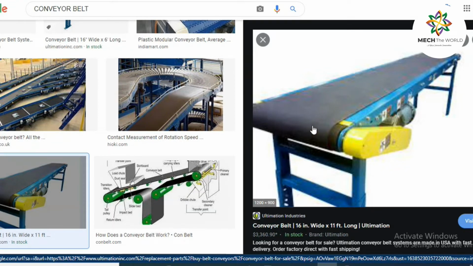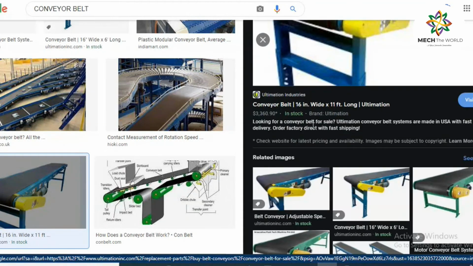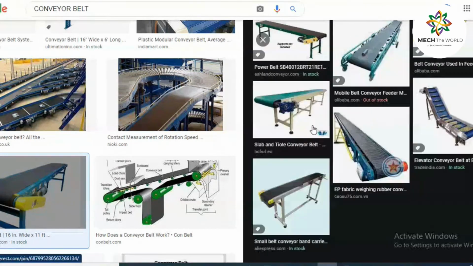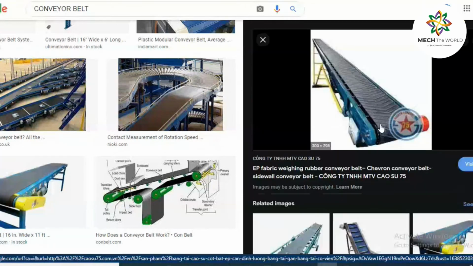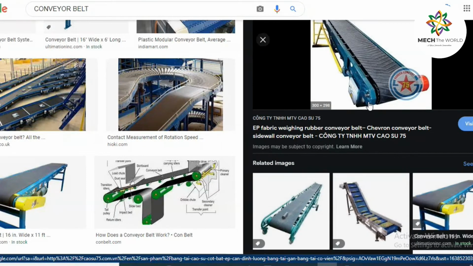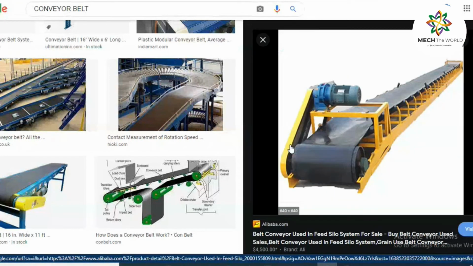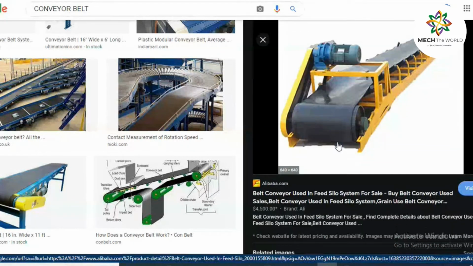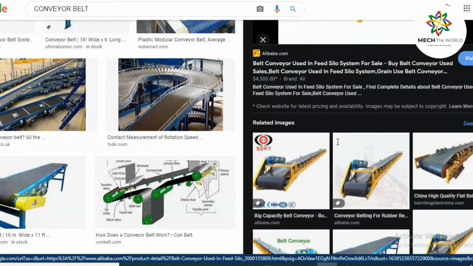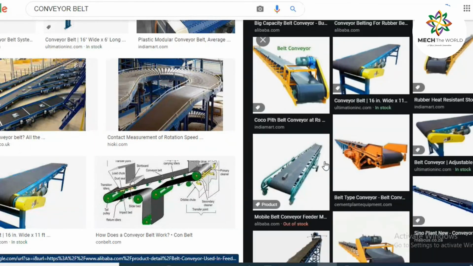Such belts you can observe at railway stations and airports. You will also find such conveyor belts in stone crushers or metal segregation processes.